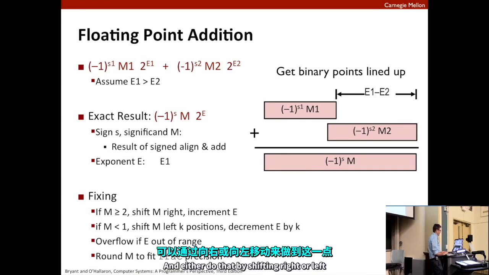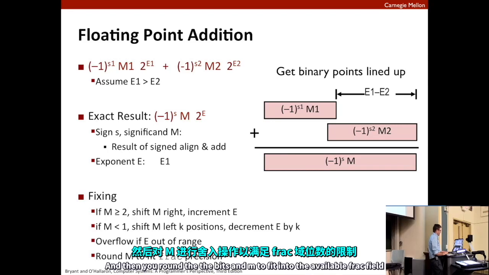You do that by shifting right or left. If e is too big, then you overflow, and then you round the bits in m to fit into the available frac field.